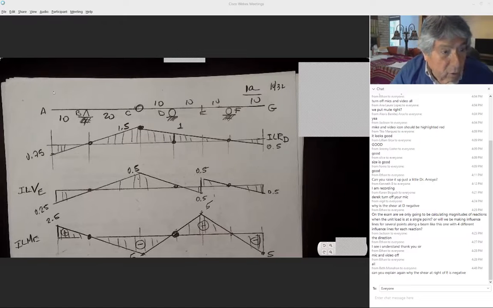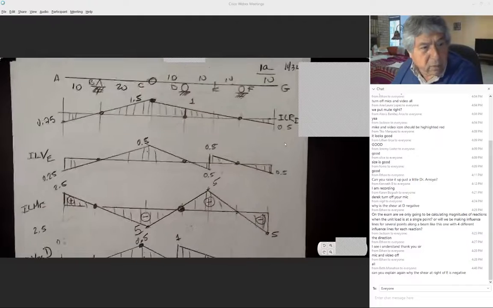When the load is in here, it produces this. When the load is in here, it produces this. When the load is in here, it produces this value. When the load is in here, it's an obvious one because it's the reaction at D. So all of this is for only one location, the reaction.